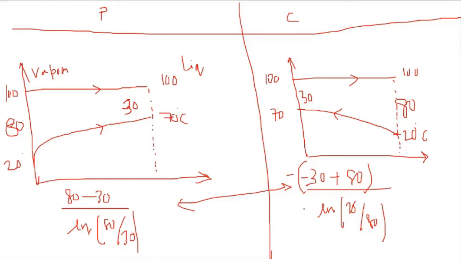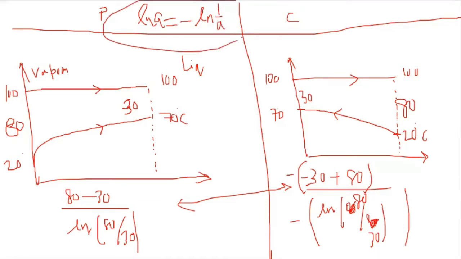Here, if you are taking minus sign common, so can we write it as minus of ln 80 by 30? Can we write like this? See, ln A, can we write it as minus of ln 1 by A? You people remember this property? Yes, sir.